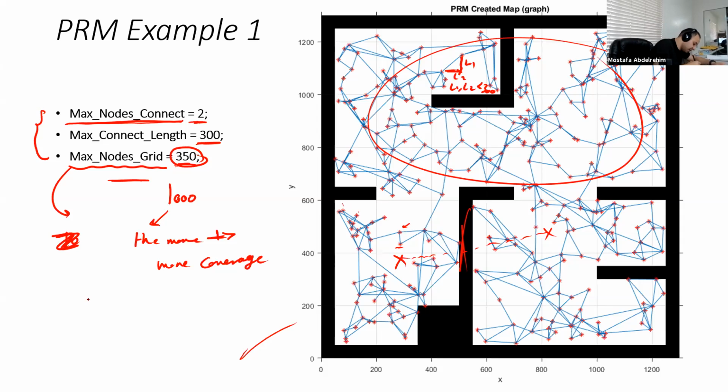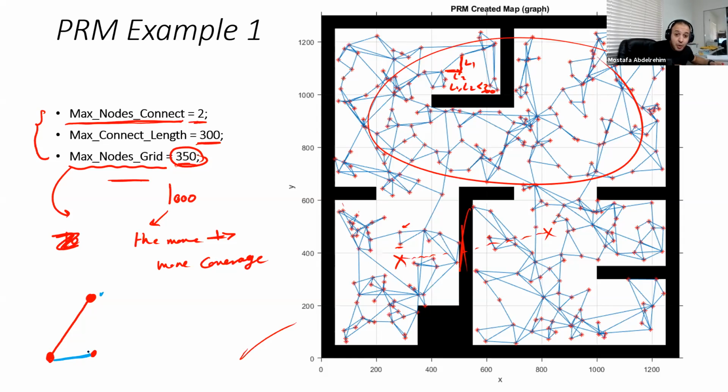So, for example, if you have 2 nodes originally in the map and you generated a new one, and the maximum number of connections is 1, you either connect that node to that one or that one, whatever. Let's connect it to that one.